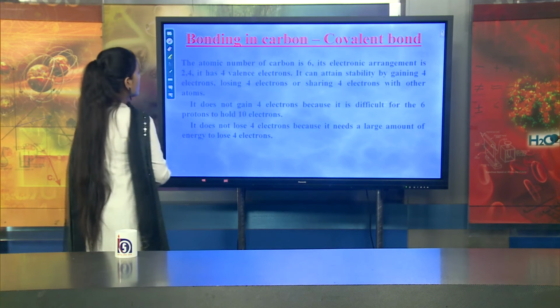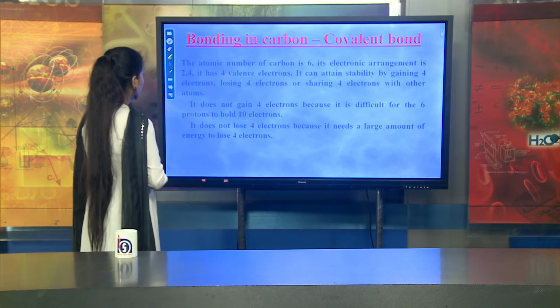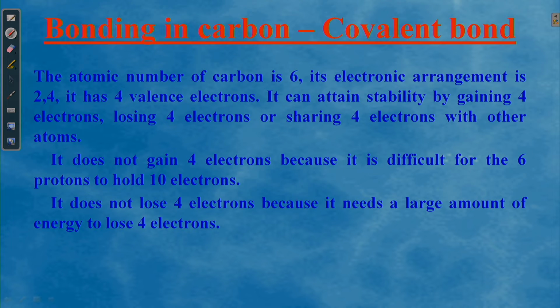So let's discuss bonding in carbon, that is covalent bond. The atomic number of carbon is 6, and its electronic arrangement is 2,4. It has 4 valence electrons.